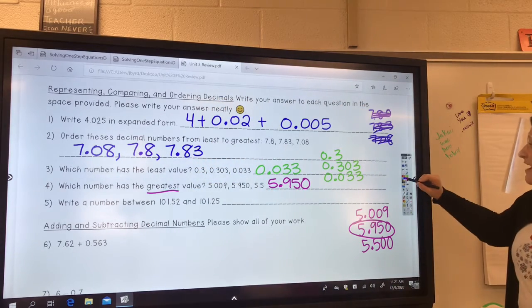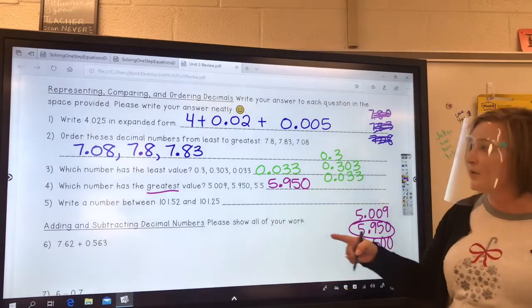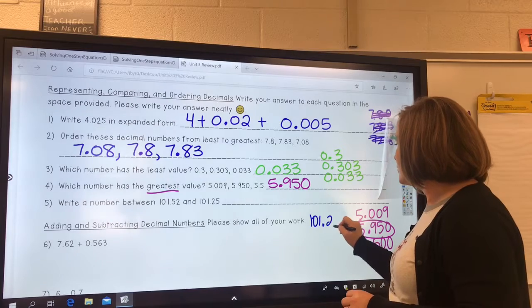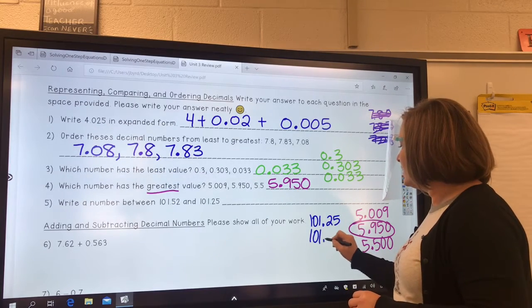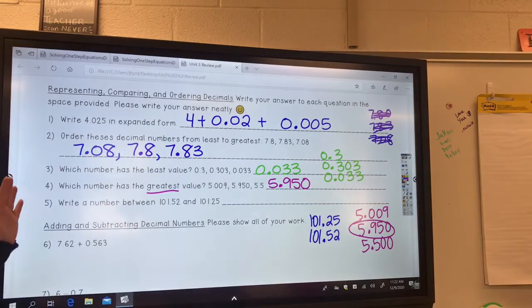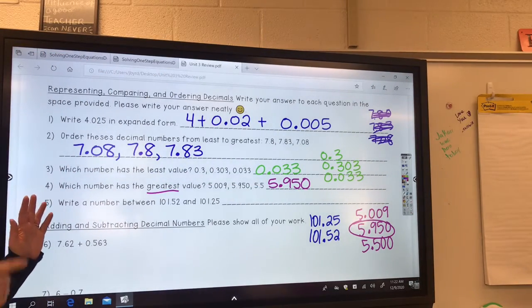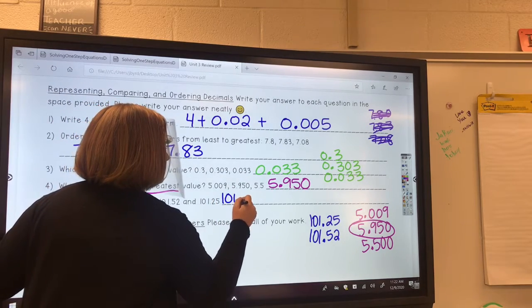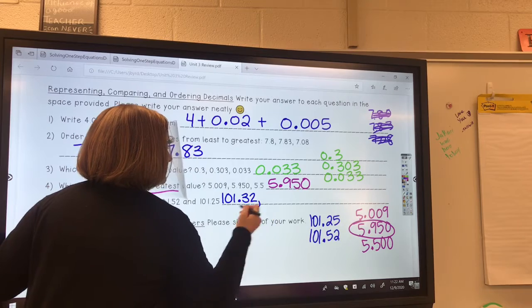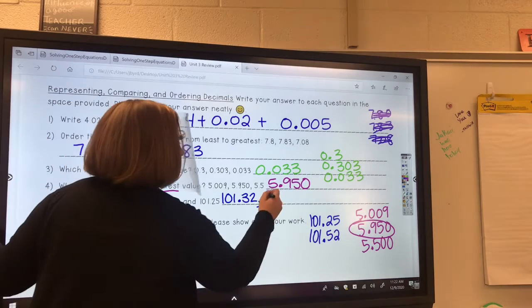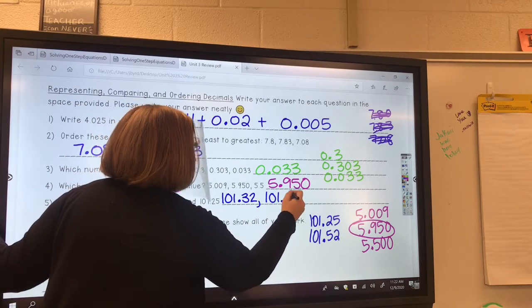All right, number 5 asks us to write a number between 101 and 25 hundredths and 101 and 52 hundredths. So, who wrote a number for that? What'd you write, Josh? I wrote 101 and 32 hundredths. All right. What else could I put there? 101 and 42 hundredths.